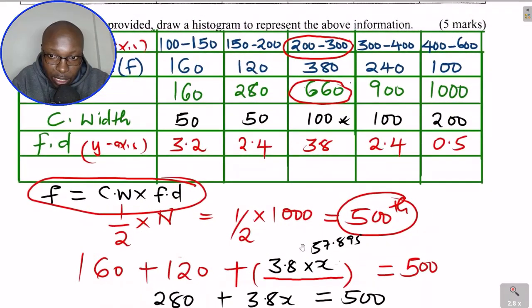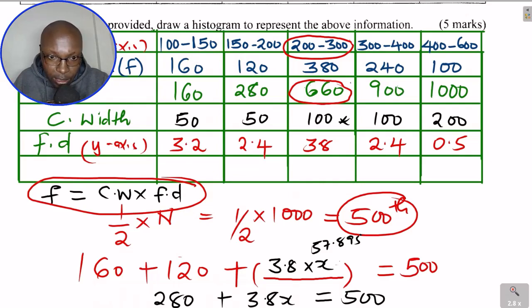Those who earn 450 or less means all these: 160 plus 120 plus 380 plus 240, from 100 to 400, that is going to give 900. So we are going to add all those who earn 450 or less.